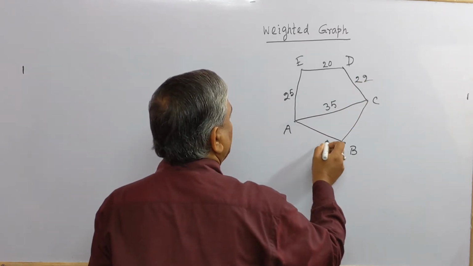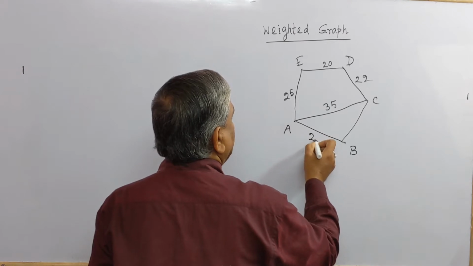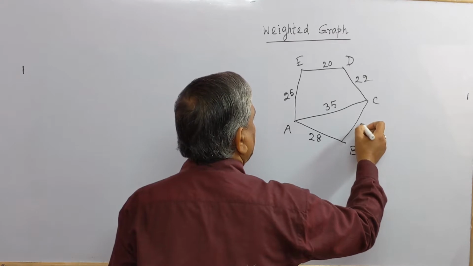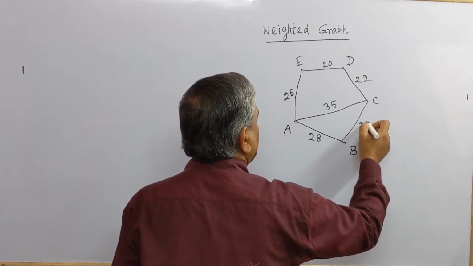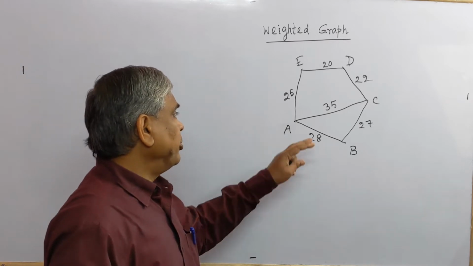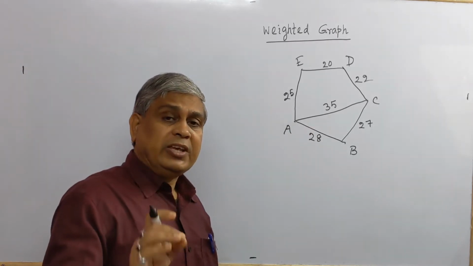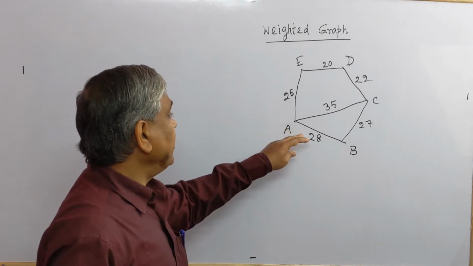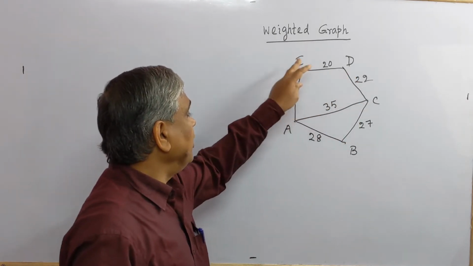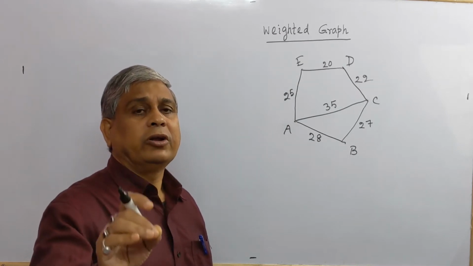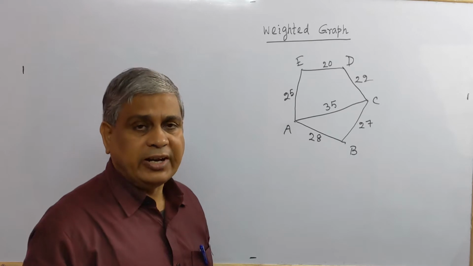Length of this road is 28 kilometer. Length of this road is 27 kilometer. Therefore, we see that we have cities A, B, C, D, E, and we have connecting road between some cities.